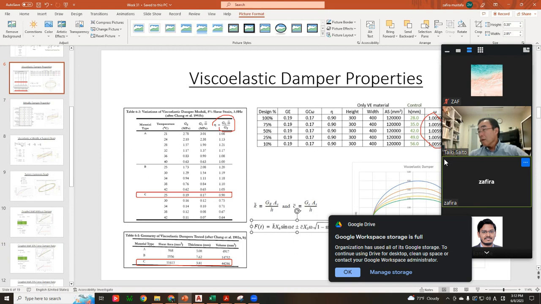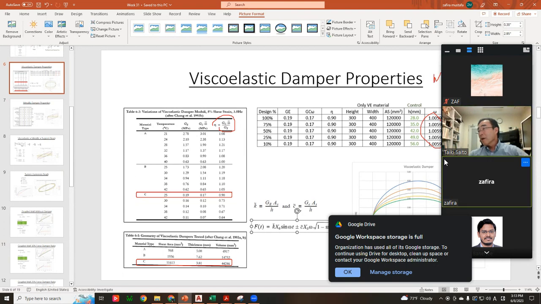This is the period of the building. Circular frequency, from the period of the building we can calculate the circular frequency. So omega equals 1. Period is 2 pi divided by omega.